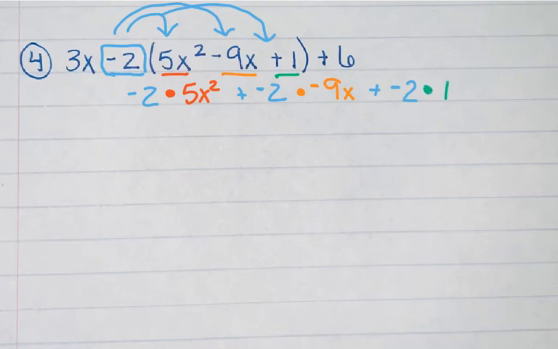Now I still got some other things there that I need to bring down. So I had this 3x out in front, and I had this 6 at the end. Okay, so now I can go ahead and just simplify.